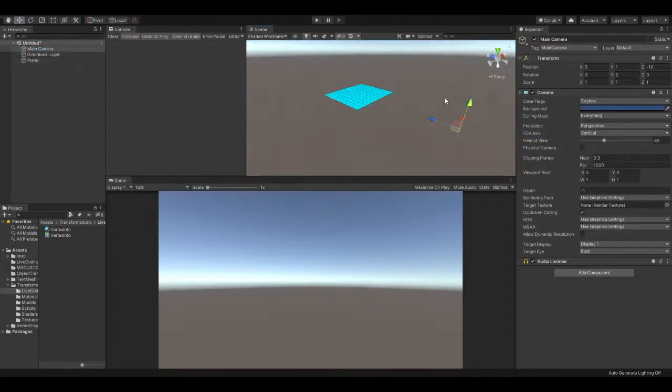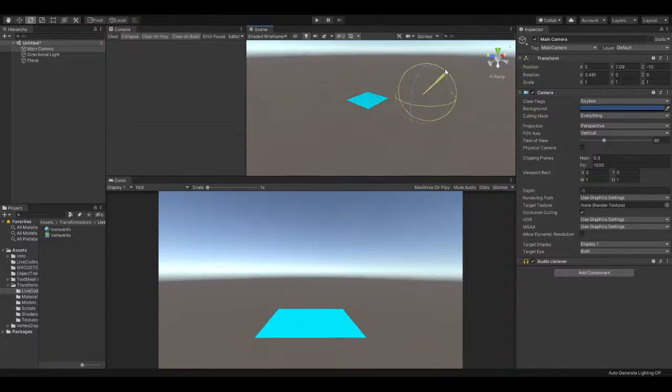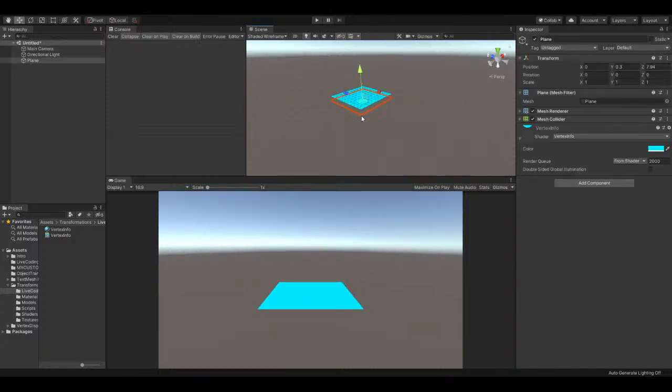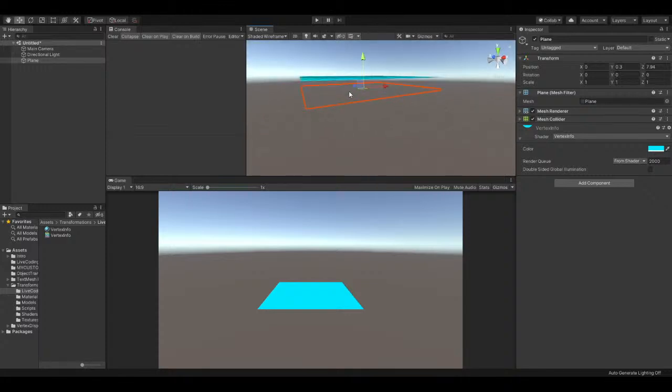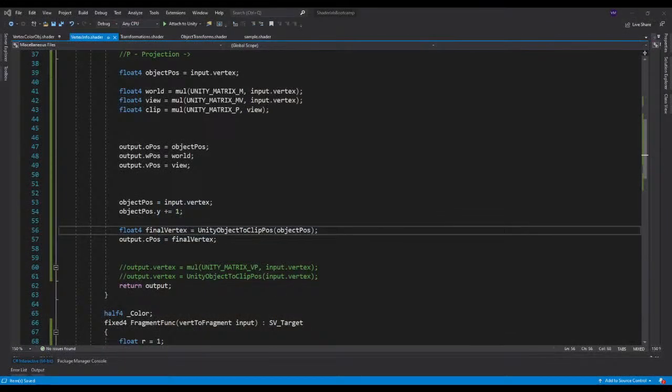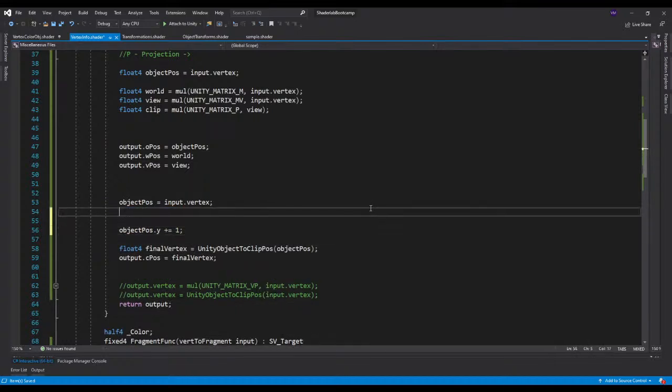If I take the camera in the view, if you want to just see it, where is the object currently? At 1 unit above the original object position. Similarly, if I was to say that, guys, I don't want to move this in the object space, but I want to move it in the world space. So I'm going to say world is equal to, I want to copy and paste, multiply Unity matrix world with object position.